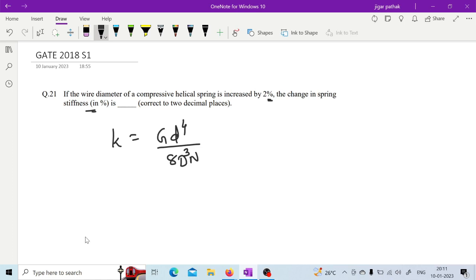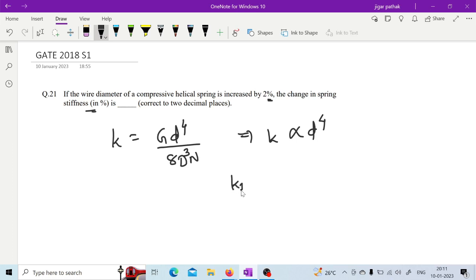So from this you can write that K is proportional to d raised to 4. They have asked to increase the wire diameter by 2%.